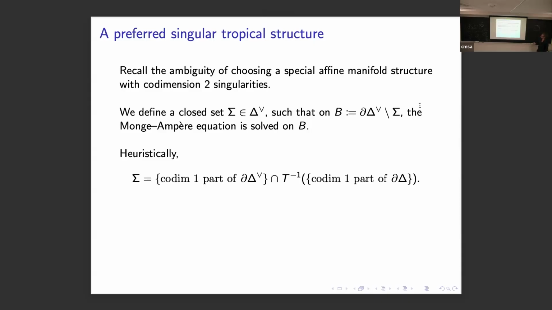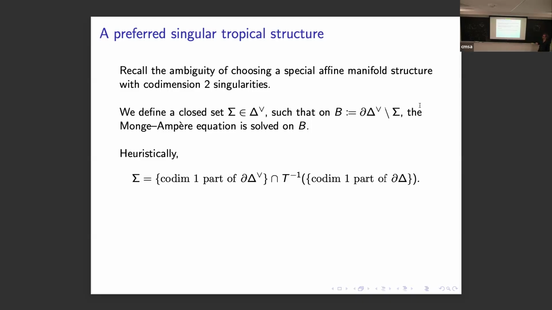But if it would, and it would be 1-to-1, it would be something like this. You consider the codimension 1 part of the boundary of the primal polytope, and you move it to the boundary of the dual polytope with the inverse of the transport map. That gives you something, and we're able to show that outside of this set, the solution extends to something solving the Monge-Ampère equation.